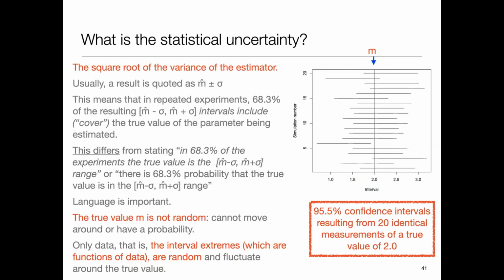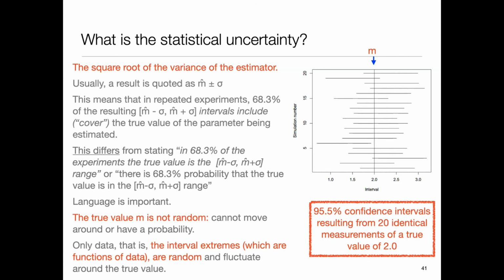And here is reinforcing what is the interpretation of the statistical uncertainty. So it's the square root of the variance of the estimator, and it's called typically sigma. And usually a result is quoted as m hat plus or minus sigma. What does it mean?